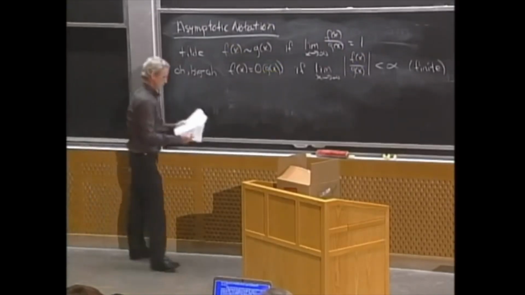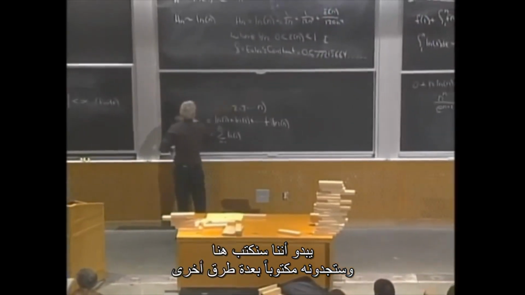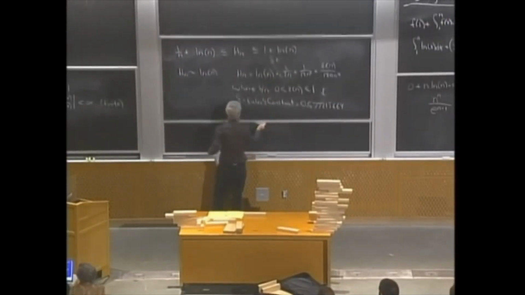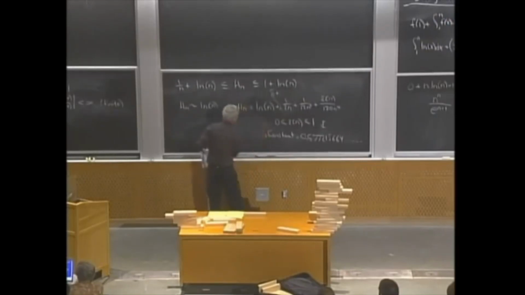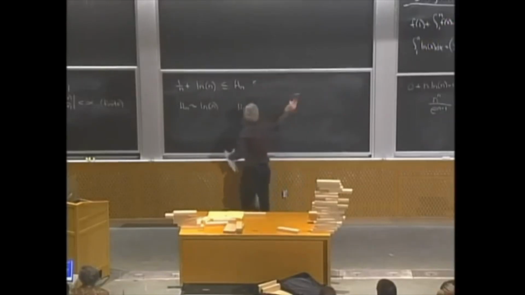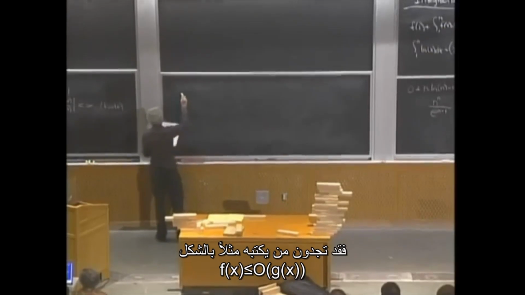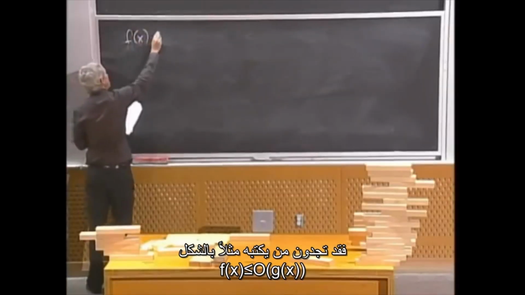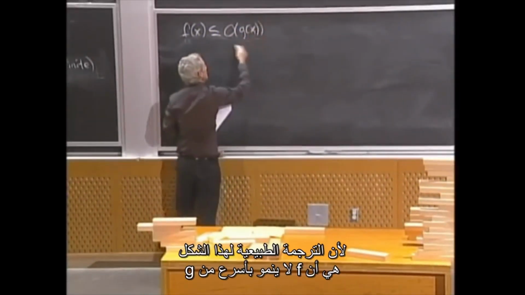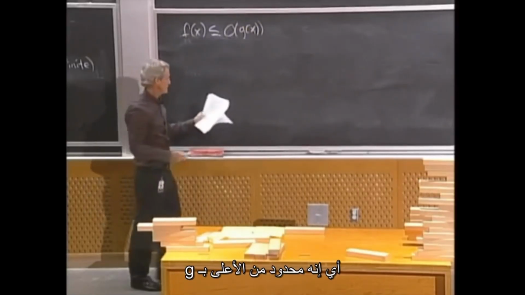In fact, let's go over here. There are several other ways you'll see it written. For example, you'll see people write f of x is less than or equal to O of g of x, because the natural interpretation is f is not growing faster than g, sort of upper bounded by g.